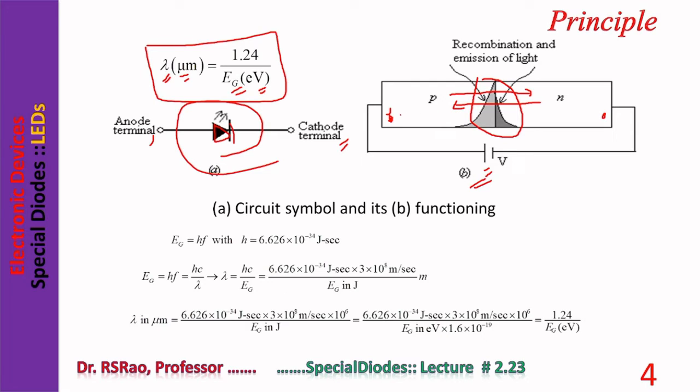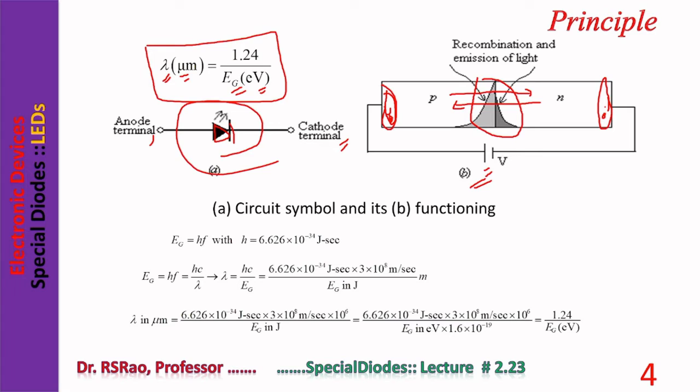So number of electrons here at the end of P region is small, their concentration is low, so very little recombination. Similarly, N side also, at the end here, terminal end, electrons may be plenty, but holes, their number is very little. So chance of recombination is very small.